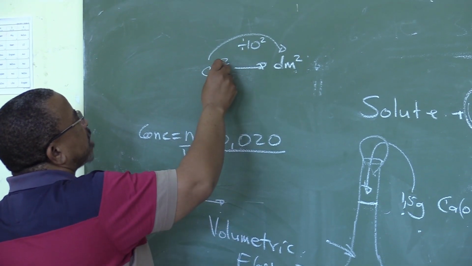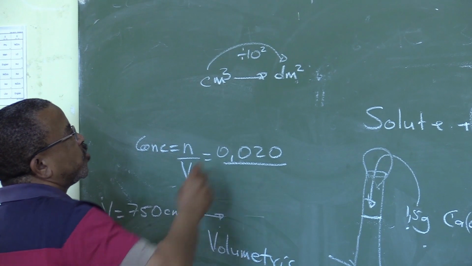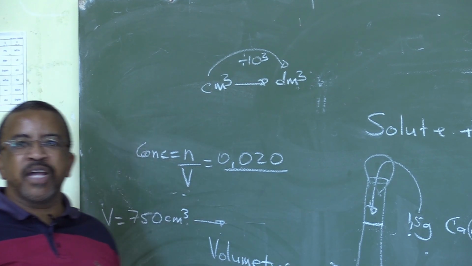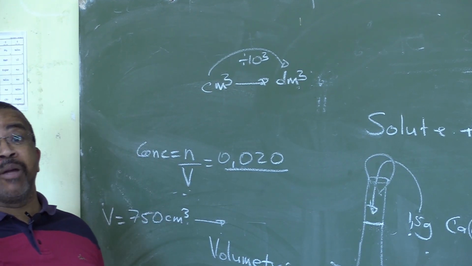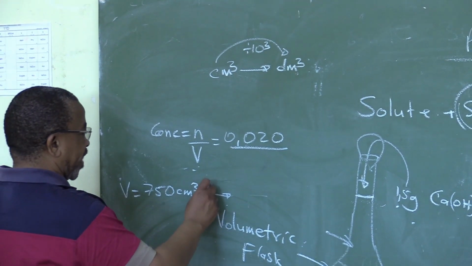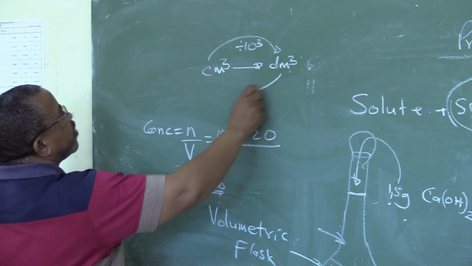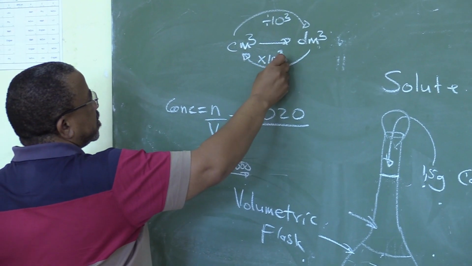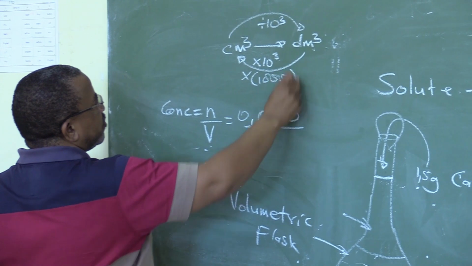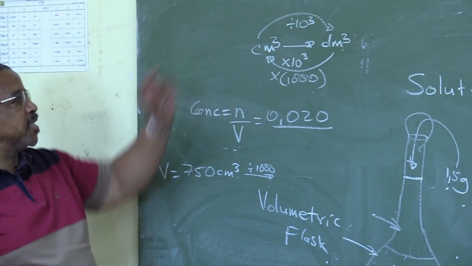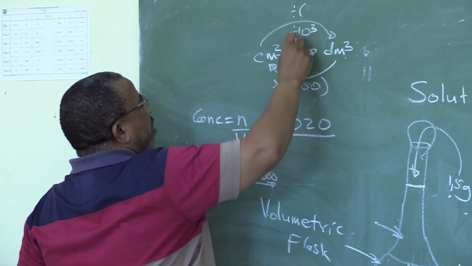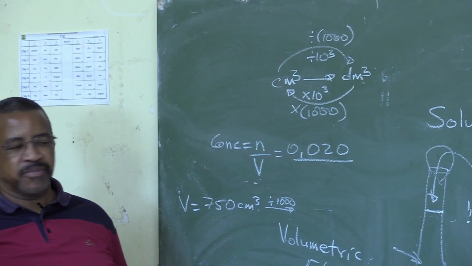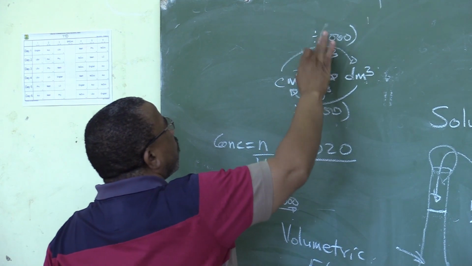For centimeter cubed to decimeter cubed, it is 10 cubed, which is 1000. So we divide by 1000.